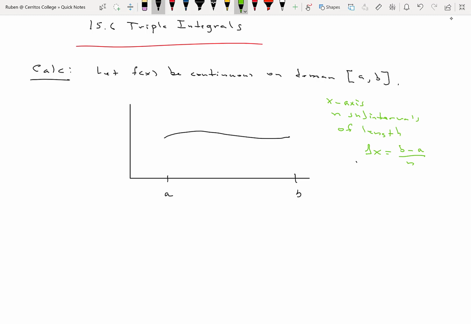And then let's take a look at a typical subinterval. A typical subinterval would lie between, say, x sub i minus 1 and x sub i. Within that typical subinterval, I pick a point at random and I call it x sub i star.